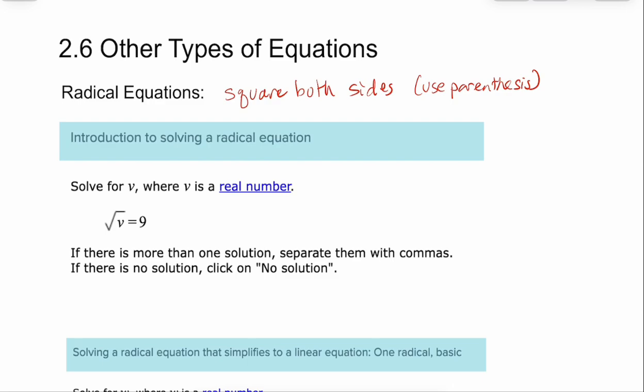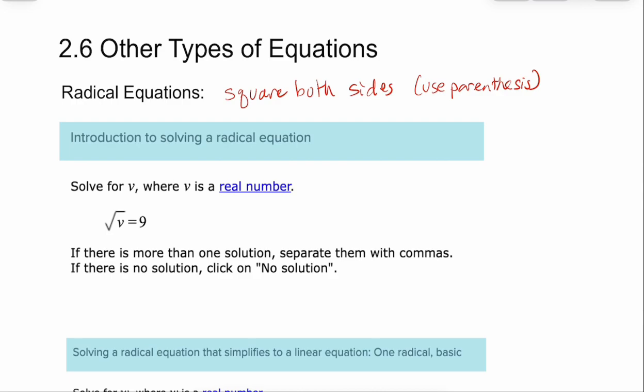Now, our first example here, let's just take a look for a moment. You might notice that it says to give an answer that's a real number. So if we have an i as an answer, which we probably won't, but if we do, make sure that you write there's no solution to that one, okay?